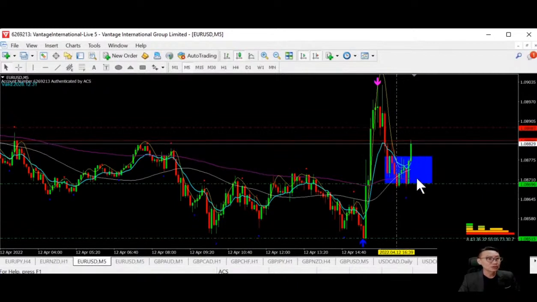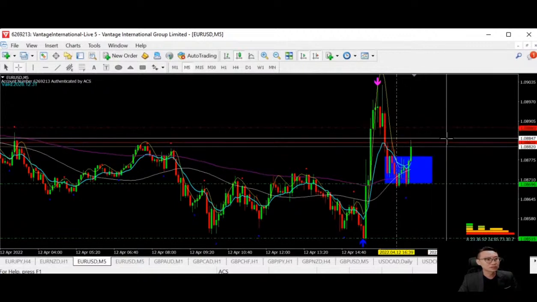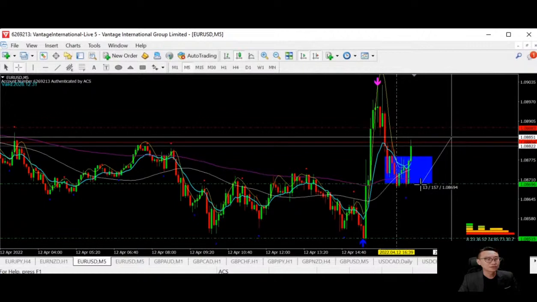For such a situation over here like this, this is the case. This case is about 15 pips, right? 17 pips. Actually 15 pips.